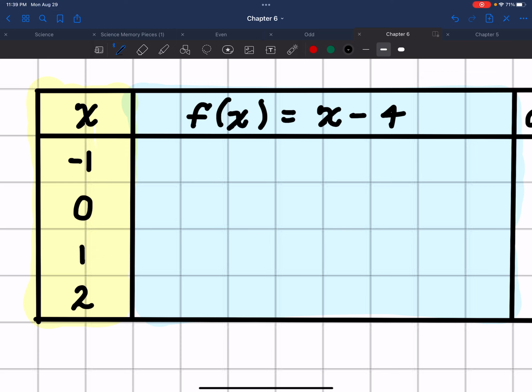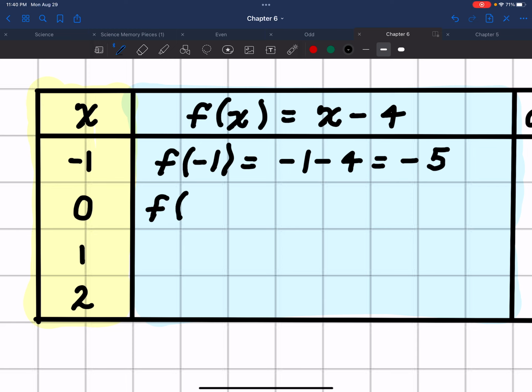All right, the first one we're going to substitute a negative 1. And so that's going to be negative 1 minus 4 equals negative 5. Then I will substitute a 0, and I get 0 minus 4 is negative 4.